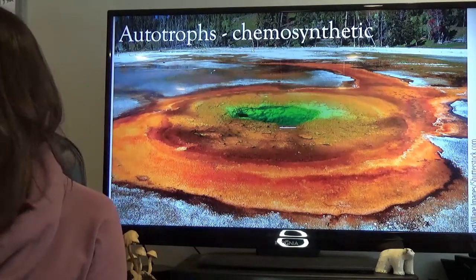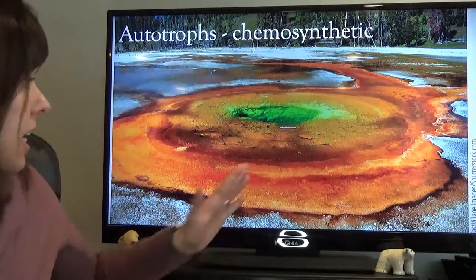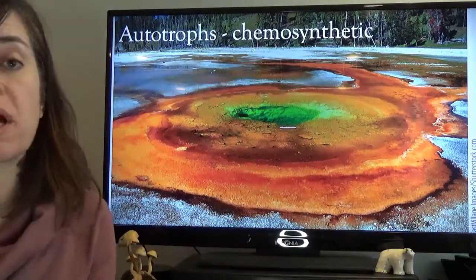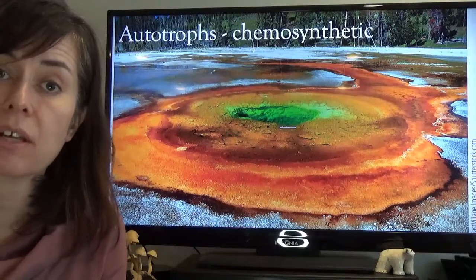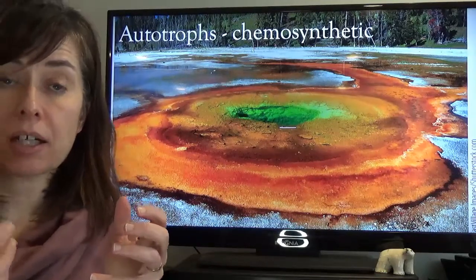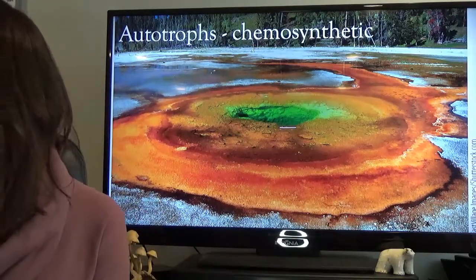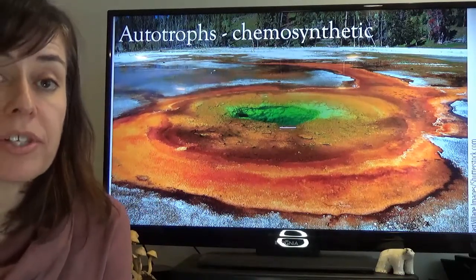What chemoautotrophs do is generate energy from other chemicals. In this case, these sulfur bacteria use hydrogen sulfide and the bonds in hydrogen sulfide to help convert carbon dioxide to sugars, leaving behind the residue of elemental sulfur.